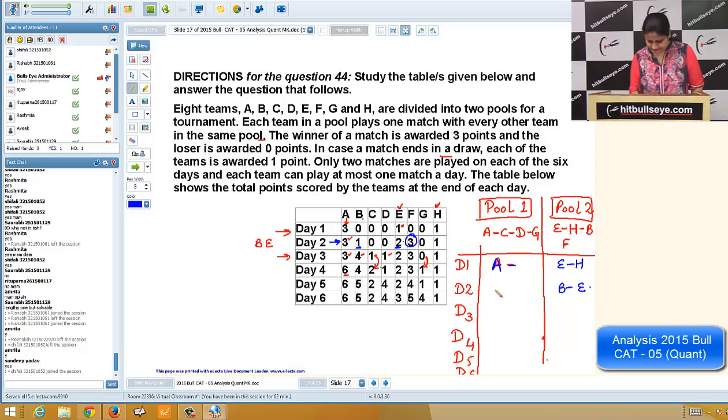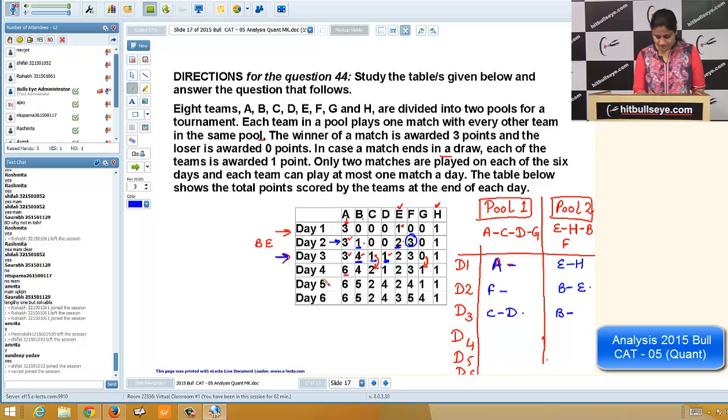And F is playing a match with any other team. I don't know the name of that team. Now coming to day 3, B is winning the match because the score is moving from 1 to 4. It means an addition of 3. So C and D are getting 1-1. It means C and D get a draw.